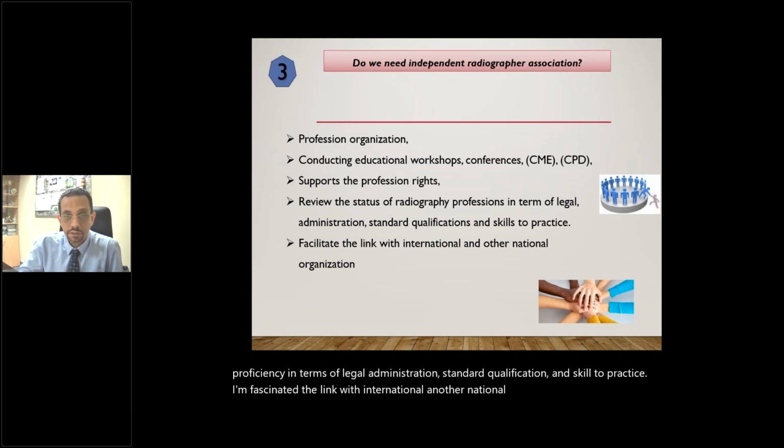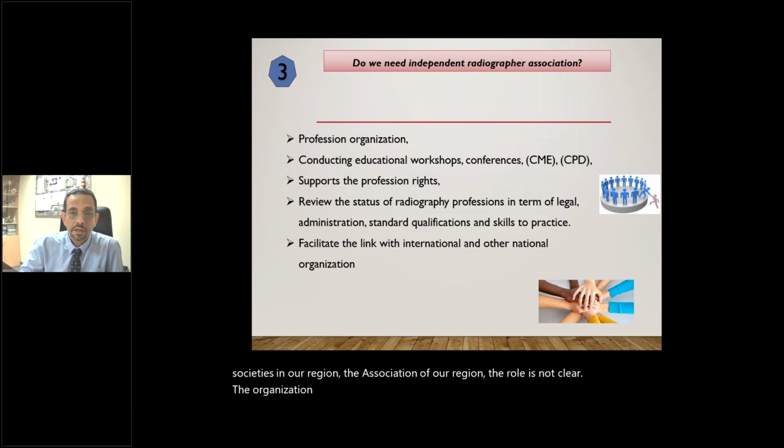This is very important for the radiographers, and unfortunately, again, this is my personal opinion, the societies and associations in our region, the role is not clear, the organization is not clear.